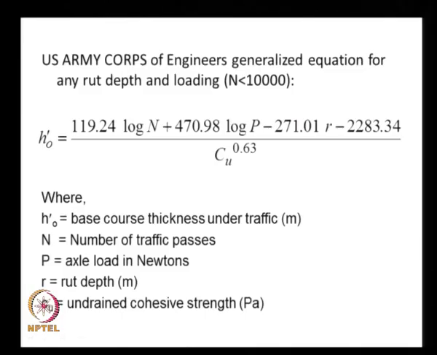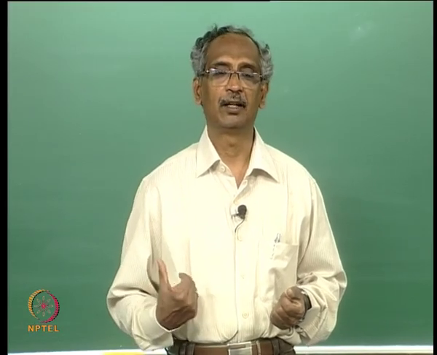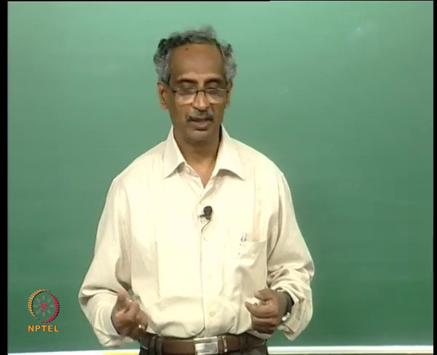This was adapted by Giraud and Noiray based on the data from the US Army Corps of Engineers, and this particular formula is valid only for the number of passes less than 10,000. It is a generalized formula because we can consider any axle load P and any rut depth R, and then the soil undrained cohesive strength, Cu, because the previous formulas that we have seen in the earlier class are very particular for a standard axle load of 80 kilonewtons and a rut depth of 75 millimeters.